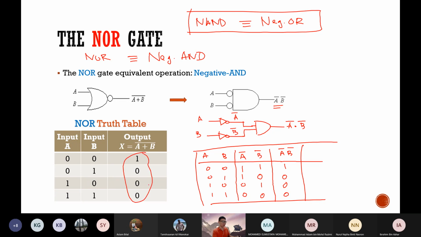So we can see that these two truth tables are the same. That's why we say that this NOR gate is equivalent in operation to a negative AND gate. I want you to keep this property in mind, because in the next class, we are going to make good use of it.